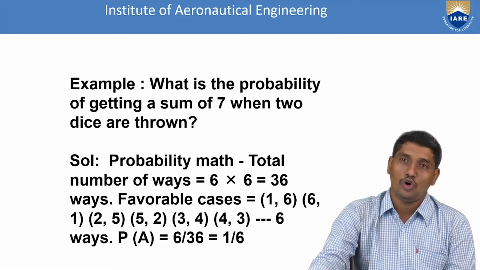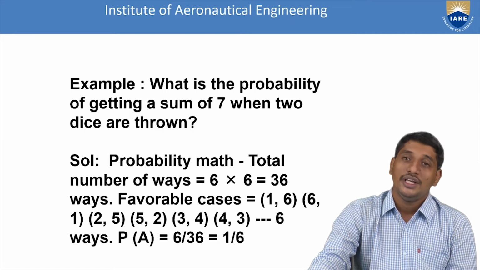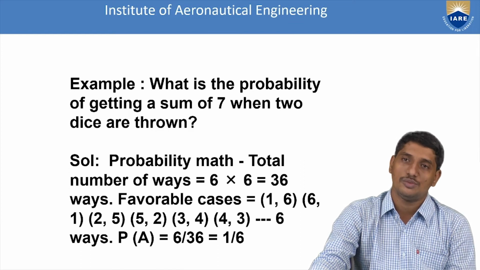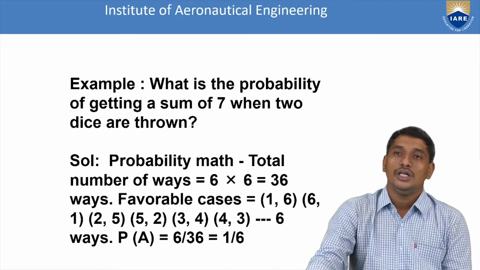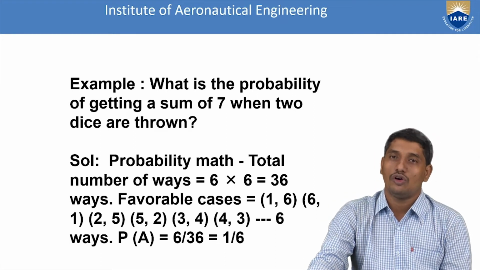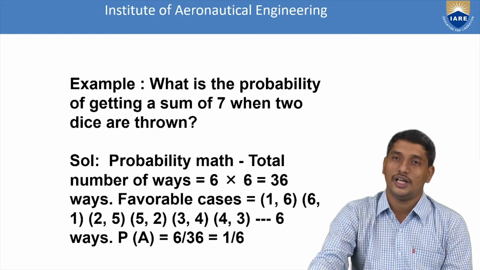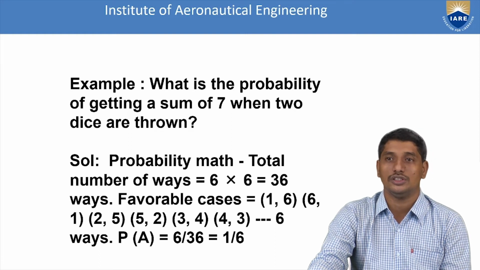The same way, if you roll 3 dice at a time, the number of possibilities will be 6 cube. In general, if you roll a die n times, the possibilities will be 6 power n. So, with this knowledge, in this problem, as we have thrown 2 dice at a time, the possibilities are 6 square, that is 6 6s are 36 possibilities.